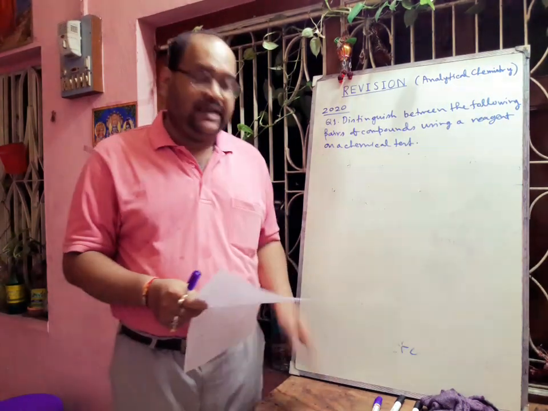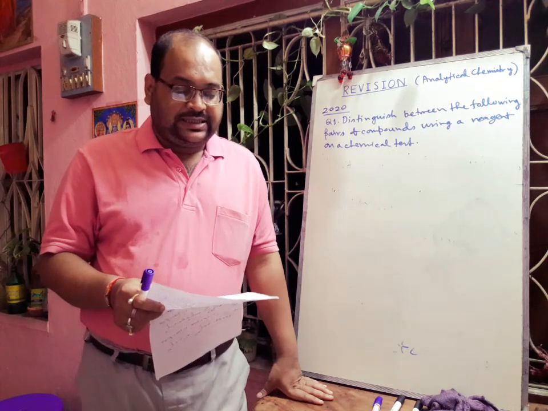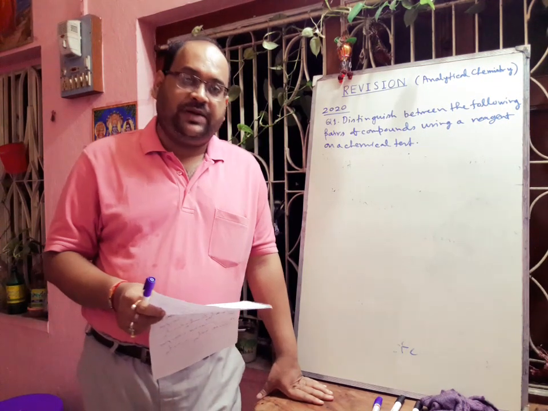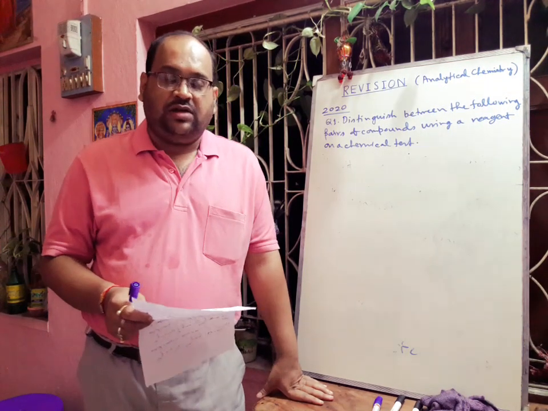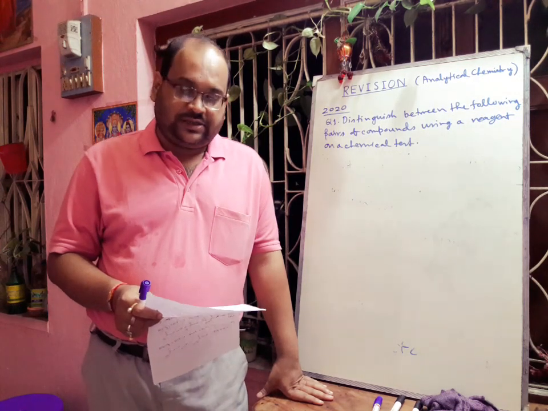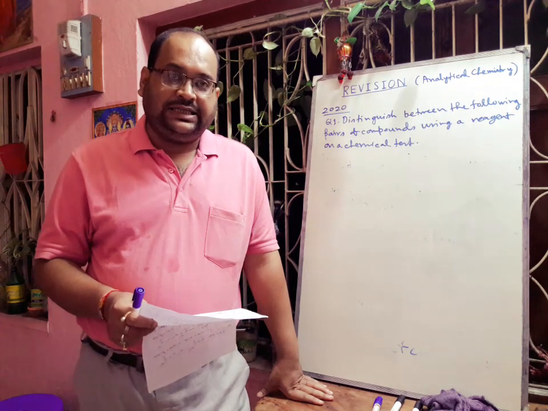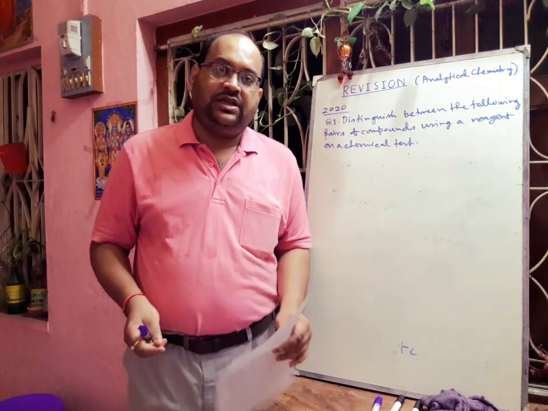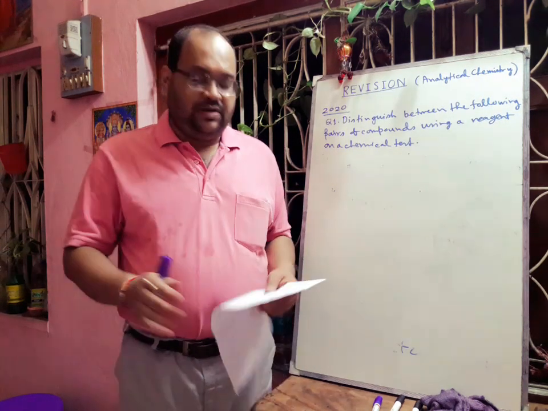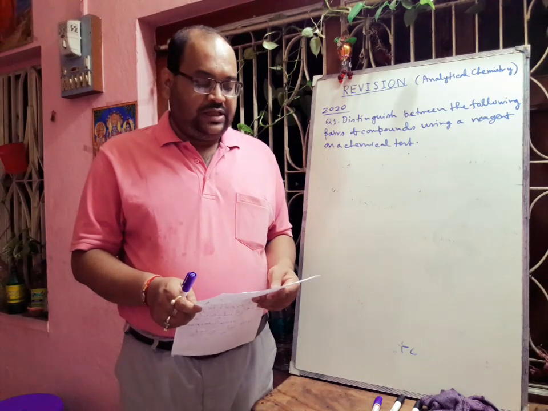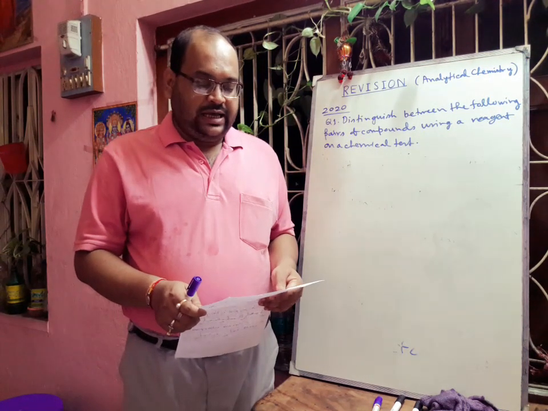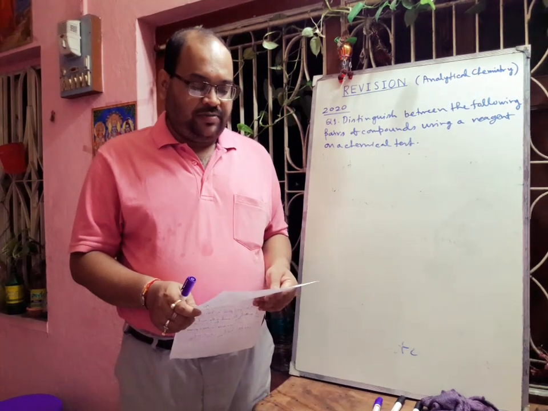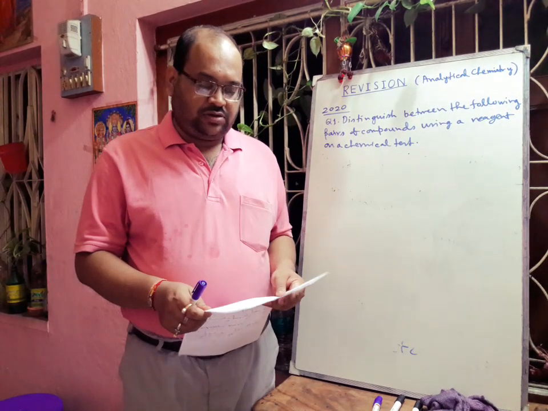Otherwise, you can take silver nitrate solution. In case of magnesium chloride solution, you will get a heavy white precipitate of silver chloride that is soluble in ammonium hydroxide solution, and if you add nitric acid, it will reappear. But in case of magnesium nitrate solution, if you add silver nitrate, there will be no feasible reaction. So in this way you can write the chemical distinction between these two compounds.